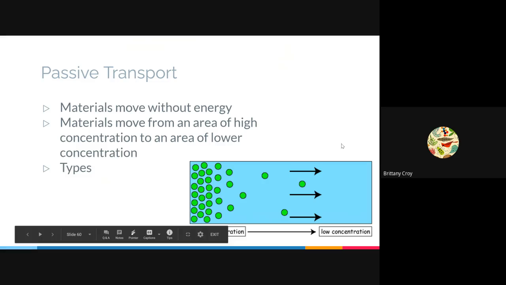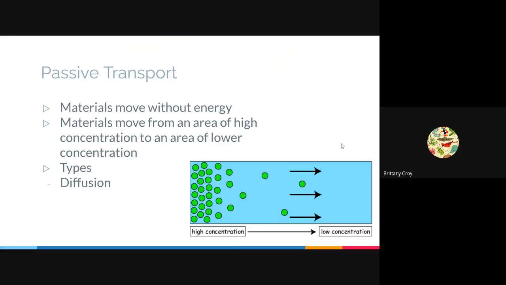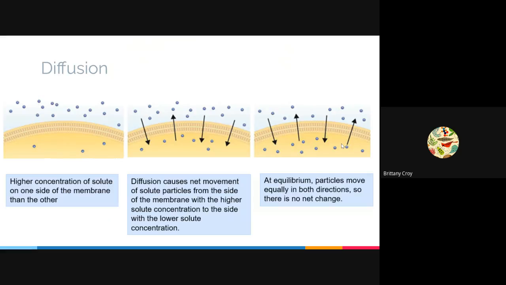And we're going to talk about 3 different types of passive transport: diffusion, facilitated diffusion, and osmosis. So diffusion is what we've already been talking about. It's when particles move from an area of high concentration to low concentration. This is the cell membrane, and this is the area of high concentration, and this is the area of low concentration.